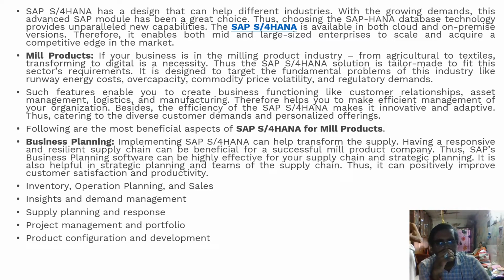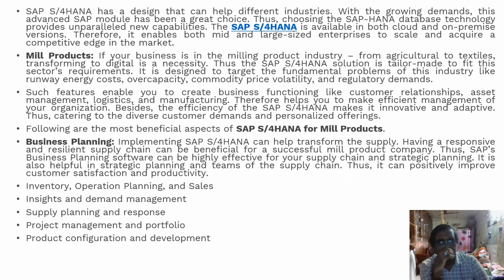So, coming to mill products, if your business is in the mill products industry, from agriculture to textile, transforming to digital is very important. Thus, the SAP S4HANA solution is tailor-made to fit these sector requirements, right?